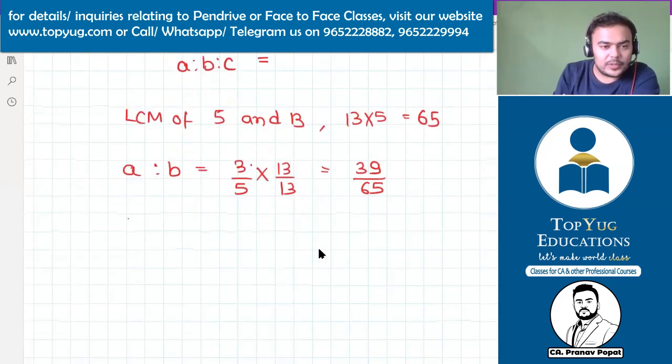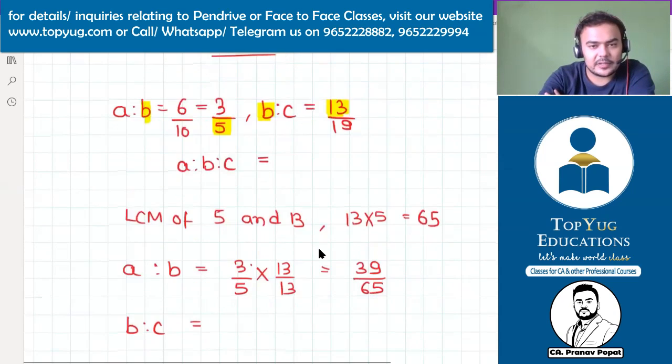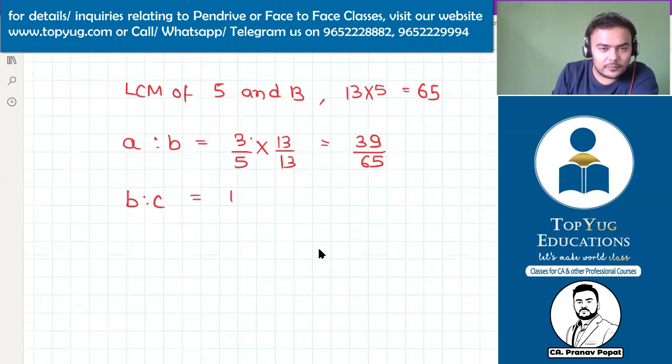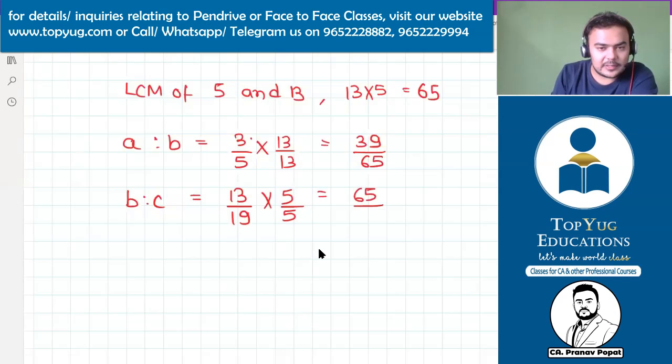Now when we go to B ratio C, the original one that is given is 13 ratio 19. To make it 65, multiply and divide by 5. This is 65 and this is 95. So what is the ratio?